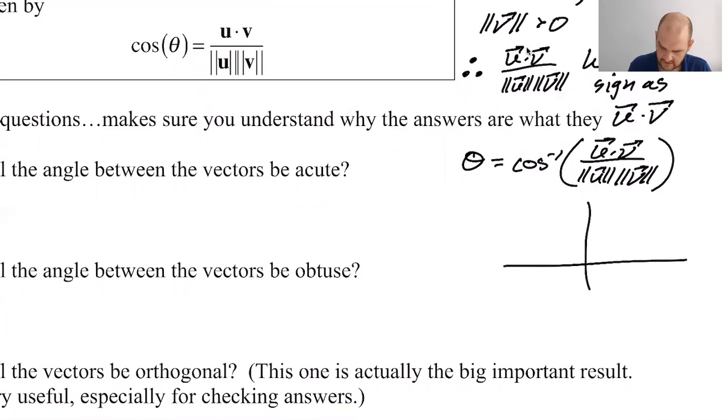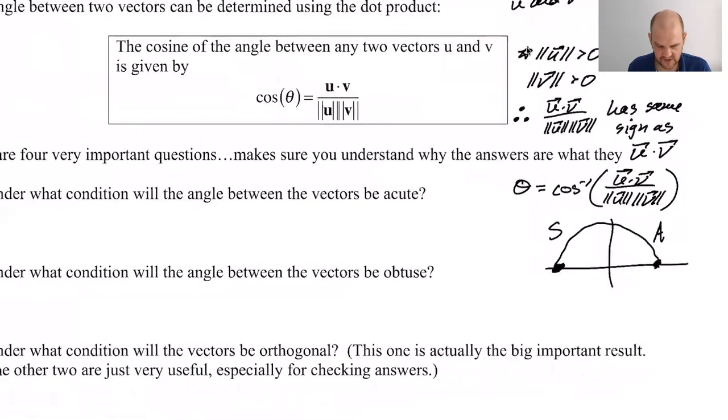Inverse cosine comes from this half of the unit circle. If you're doing the inverse cosine of a positive, you end up in the first quadrant and you get an acute angle because everything is positive there. If you're doing the inverse cosine of a negative, you end up in the second quadrant, because cosine is negative in the second quadrant.